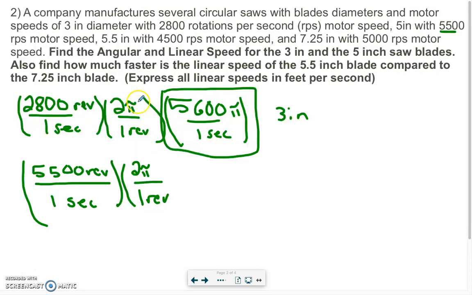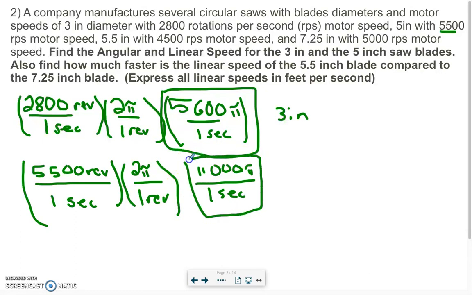So we get 5,500 times 2, and you get 11,000 pi in 1 second. That right there is considered your angular speed for the 3-inch and the 5-inch blade.